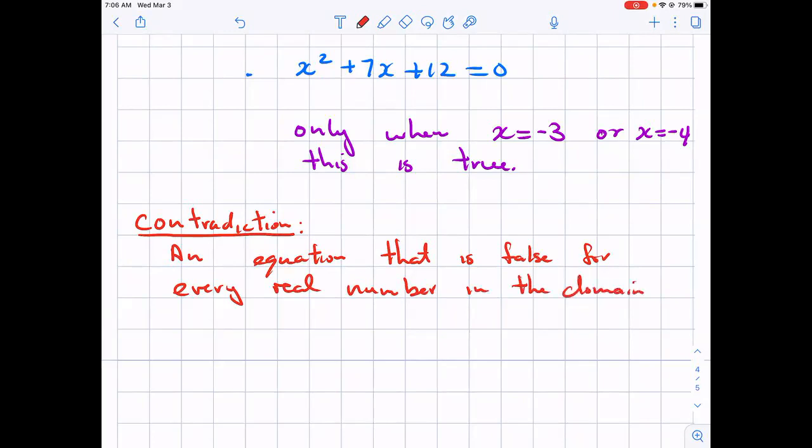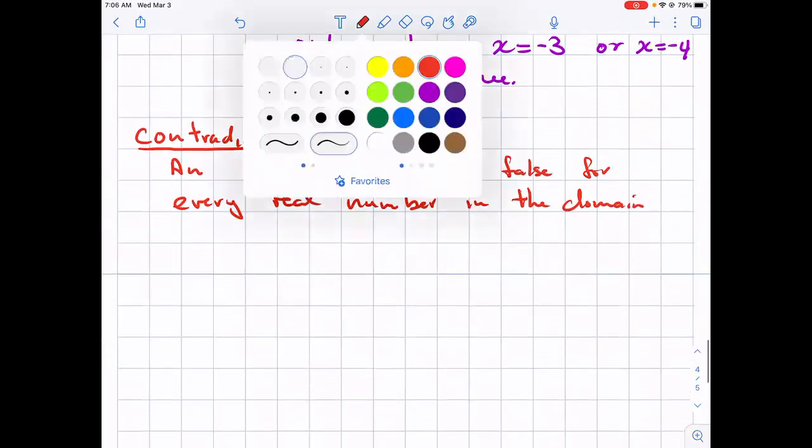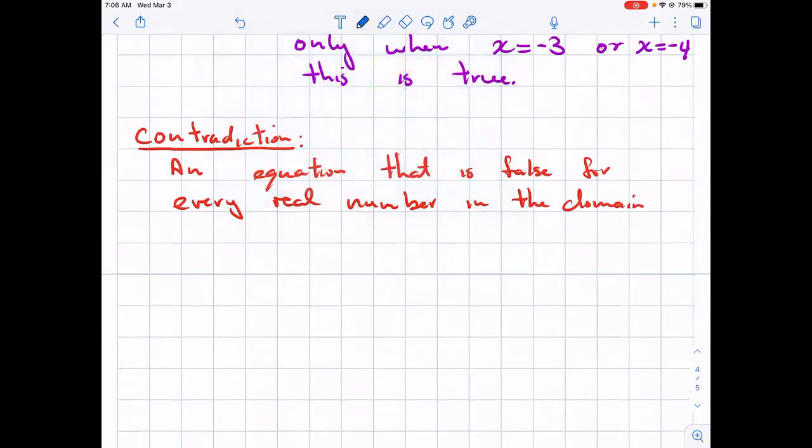What it means here is that no matter what you try, it will not work. For example, 2x minus 4 is equal to 2x plus 1. This is a contradiction.